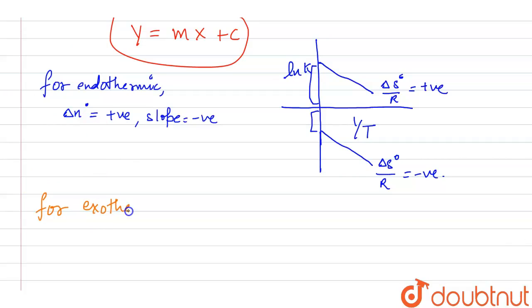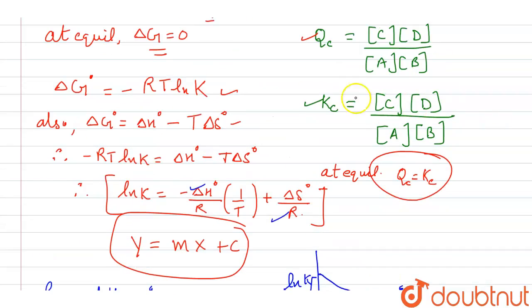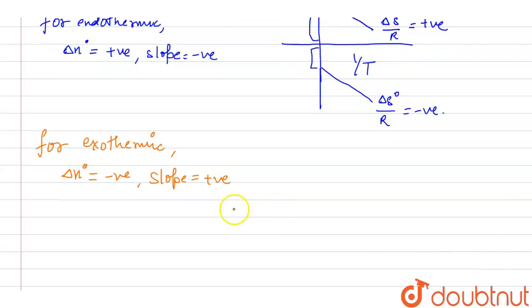And if we talk about the other case, that is exothermic reaction, delta H naught will be negative because the heat will be evolved, and the slope will be positive, because if delta H value is negative, then minus negative will be positive, and the slope will be positive.